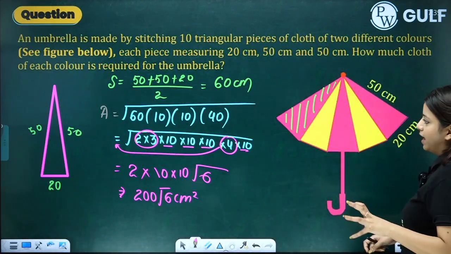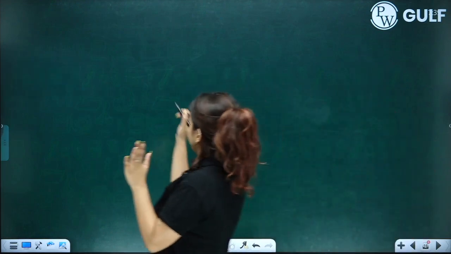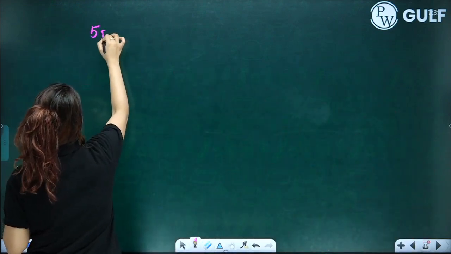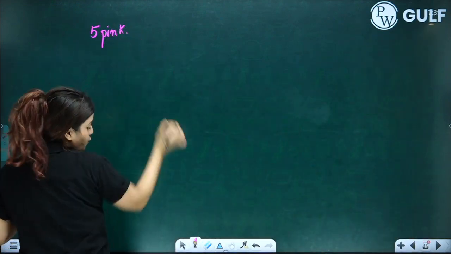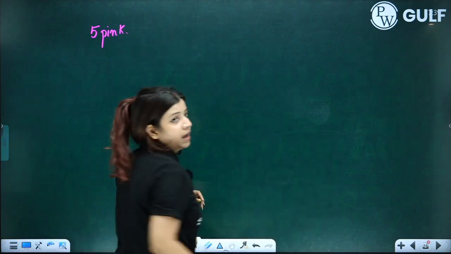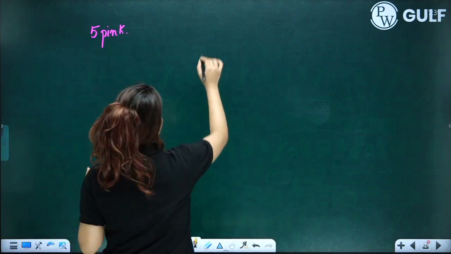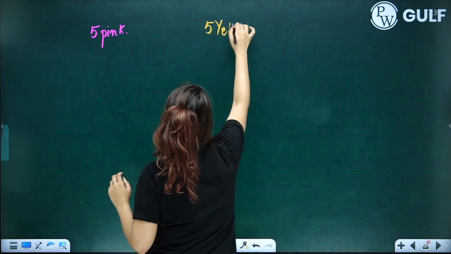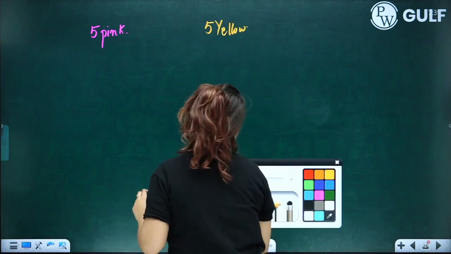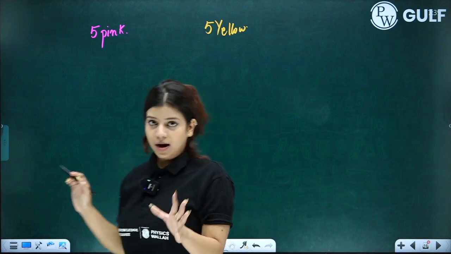Now what we have to find is, as we are aware, there will be 5 pink triangular pieces that will be used to make the particular umbrella, and then there will be 5 yellow triangular pieces that will be utilized to make the umbrella.